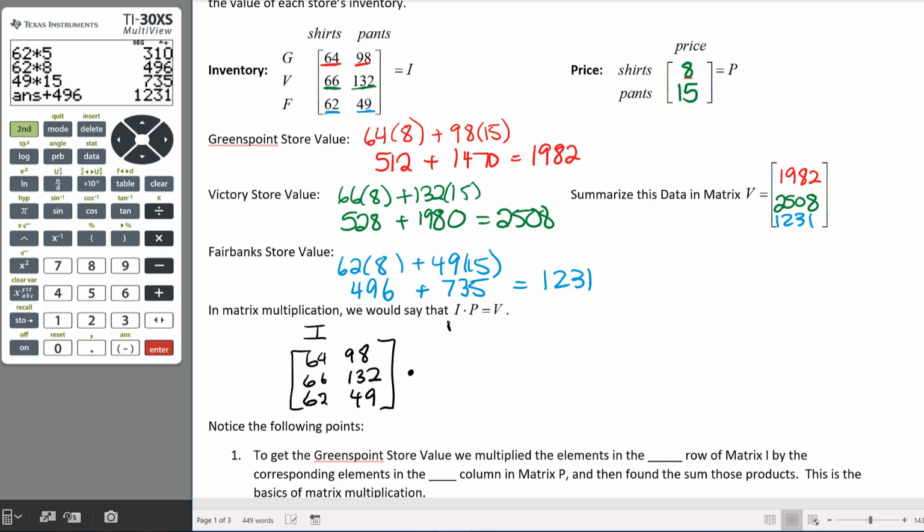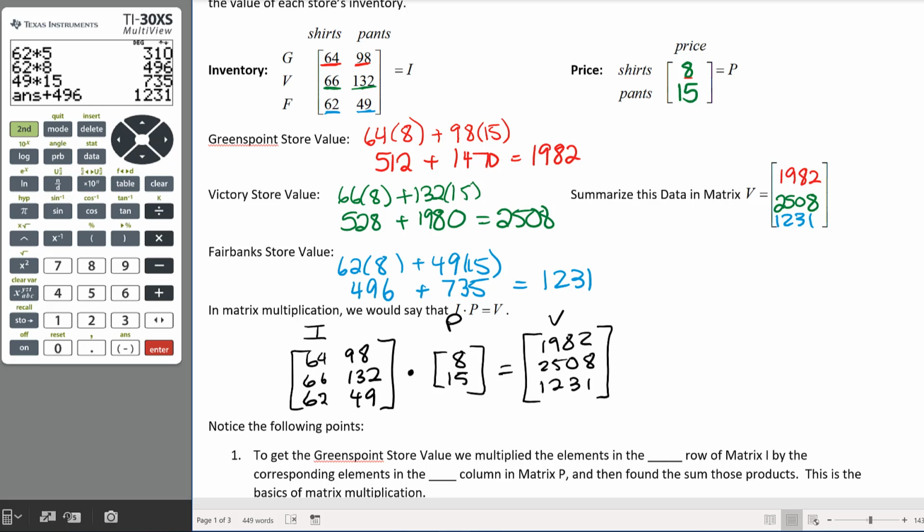And I'm going to multiply that to the P matrix, which was the price matrix, which is 8, 15. And that got me the value matrix, which was 1982, 2508, and 1231. Now this can seem a little bit complicated at first, so we're going to go ahead and break it down a little bit further. I just wanted to see why matrix multiplication in its very intricate form is helpful. In this case, it is very helpful. I got my inventory, my price, and I was able to find the value.